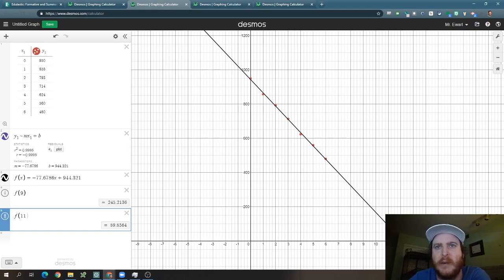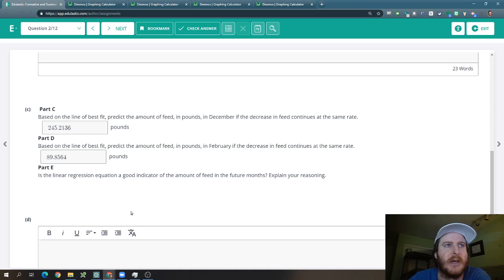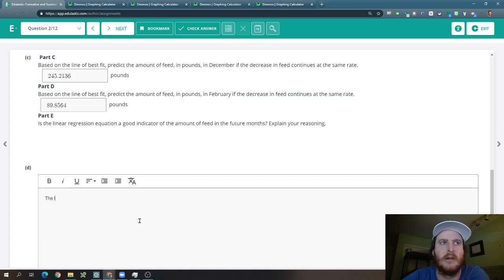It works very well, but after month 12, right, we run out of feed. So in this case, we would say the linear regression would not be a good indicator for future months, especially after March, right?